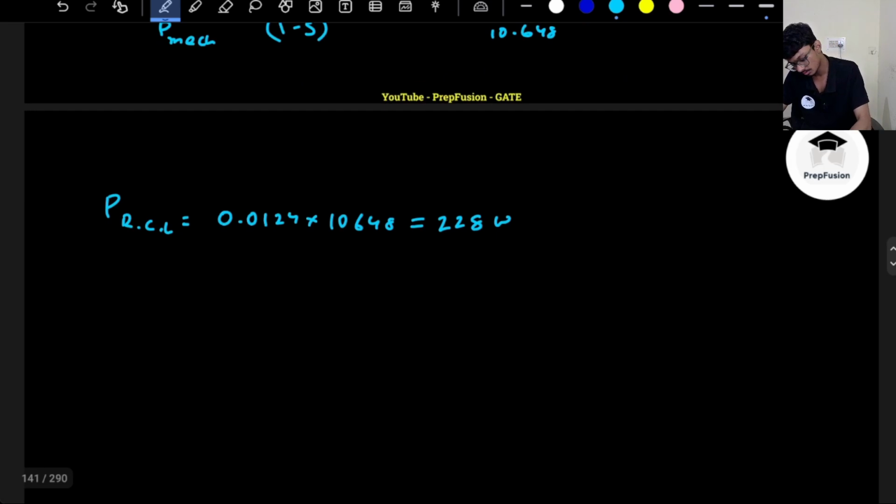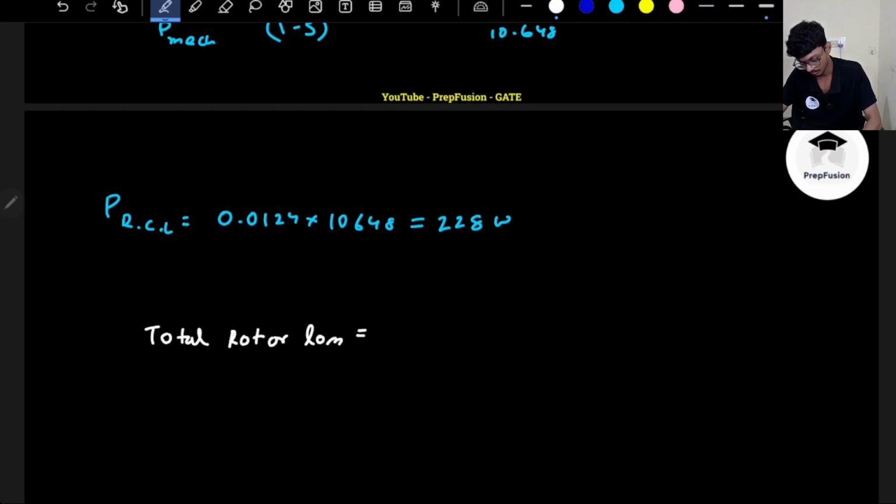Okay. So what is the overall rotor losses? Total rotor losses will be equals to the rotor copper loss plus the friction and windage loss.